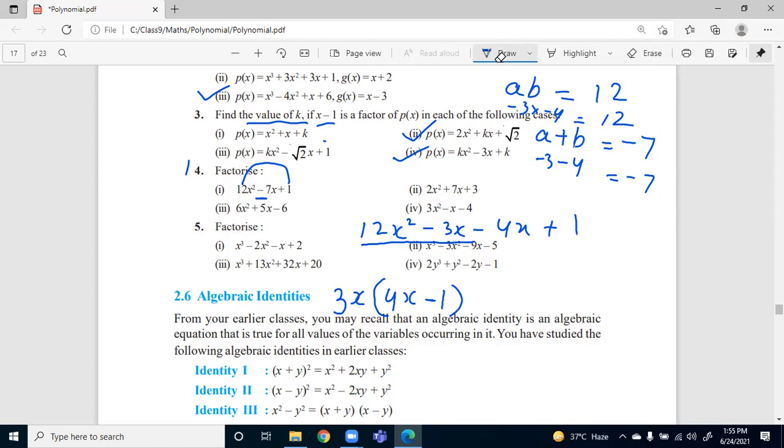Out of the first two terms, what I am taking common, you can see I can take common 3x. It is there in the first term, it is there in the second term. So I have written 3x. Ma'am, is it clear now? Yes, ma'am.